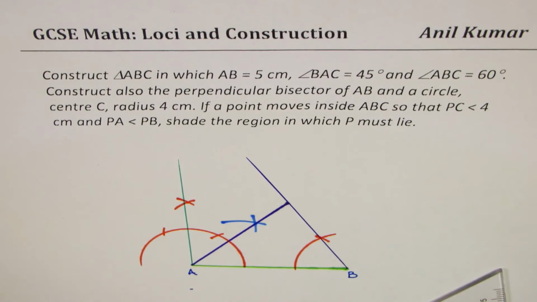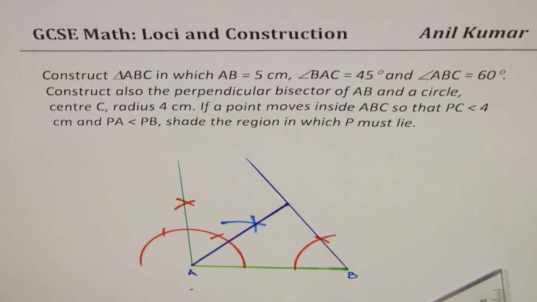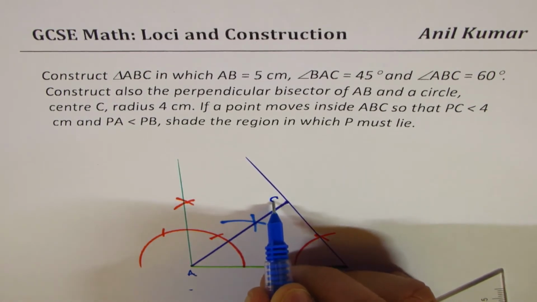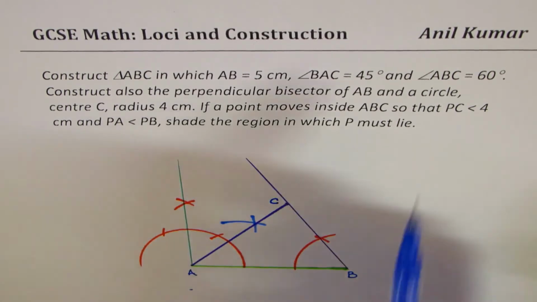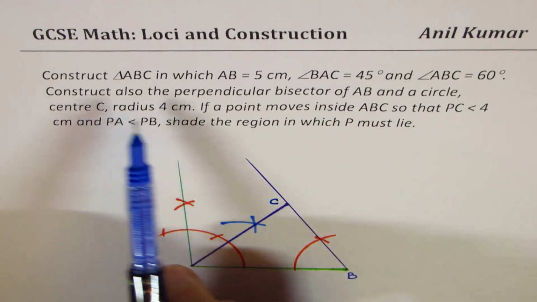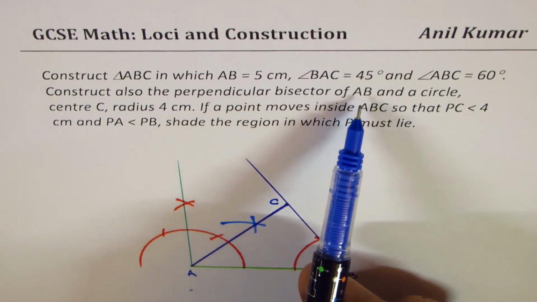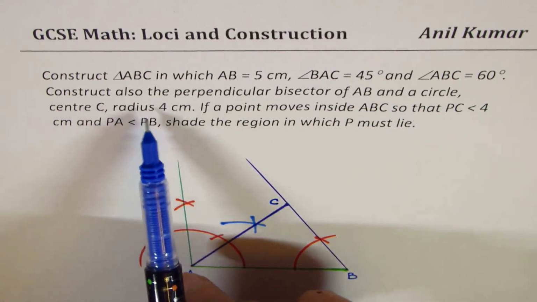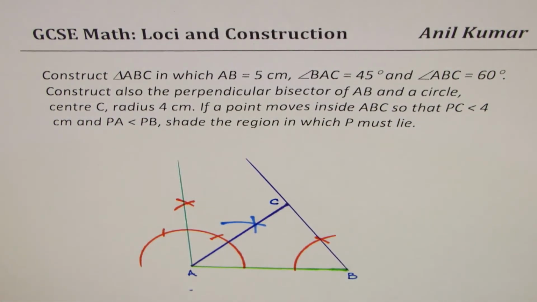So that becomes the triangle ABC for us. So let me write down C for this point. So we've done the first part. Now construct also a perpendicular bisector of AB and a circle with center C, radius 4. So let's now make the perpendicular bisector for AB.